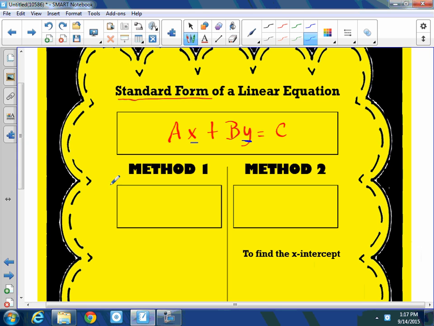The first method will be to convert to what you already know how to do, which is slope-intercept form. Then that will be your slope, and that would be your y-intercept.